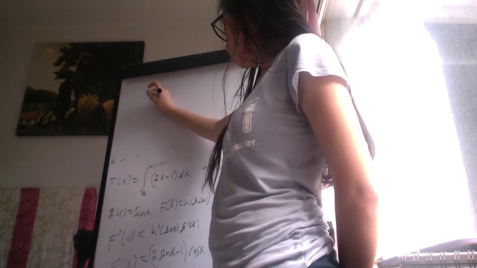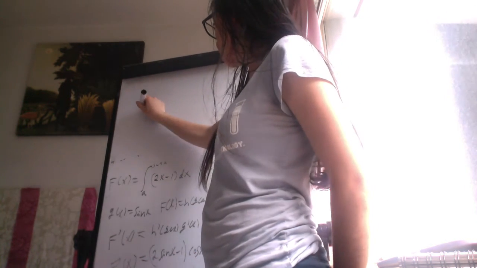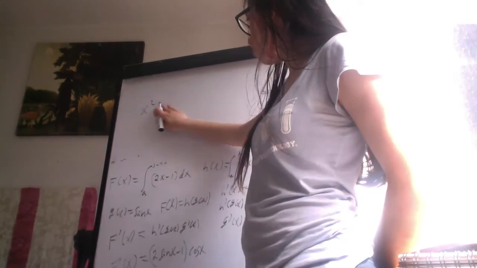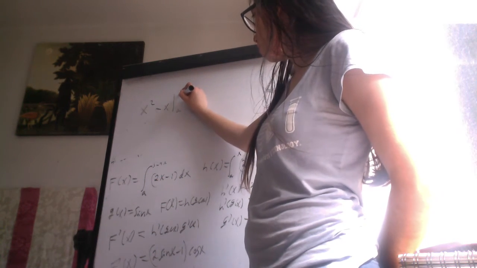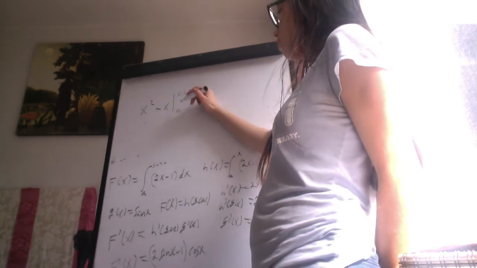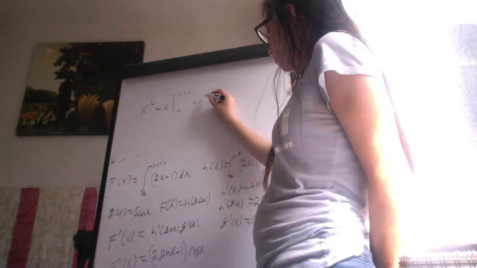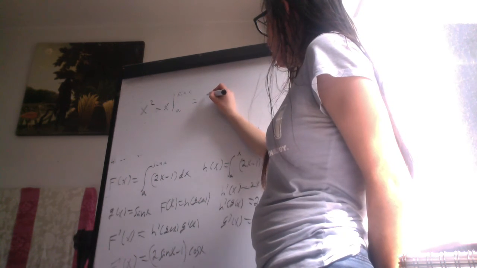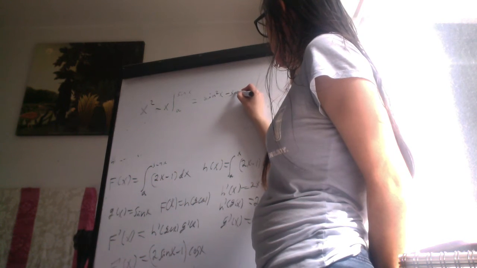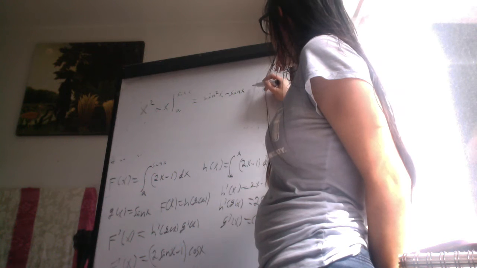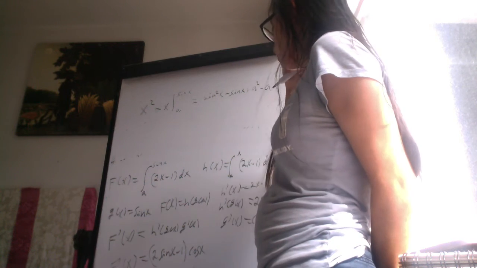The integral of this is x squared minus x, evaluated from a to sin x. We don't need to worry about the constant because with a defined integral, they will just cancel. So f of x is sine squared of x minus sine x plus a squared minus a.